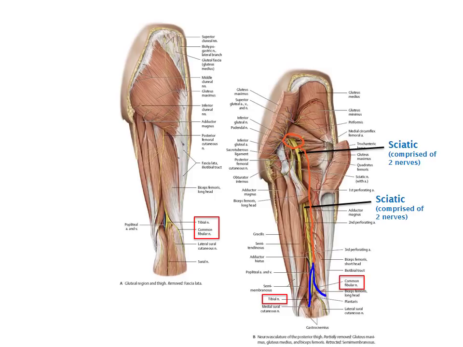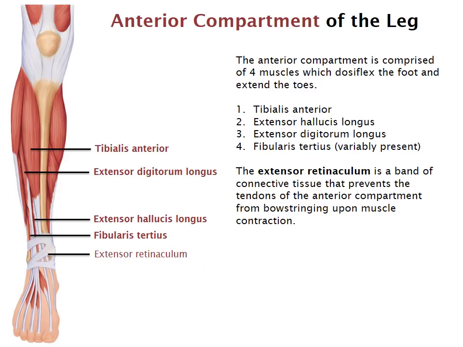The common fibular nerve will quickly branch and serve the anterior and lateral compartments of the leg, while the tibial nerve will serve the larger posterior compartment. All 3 of these nerves will ultimately travel into the foot. There are 3 main muscles in the anterior compartment of the leg, with the 4th being variably present.